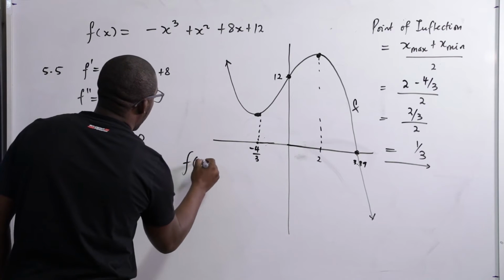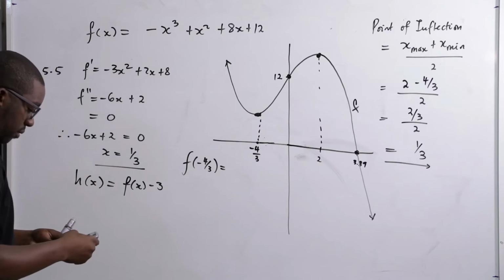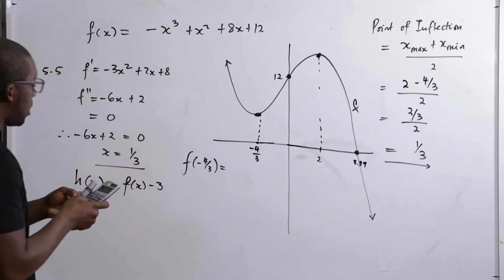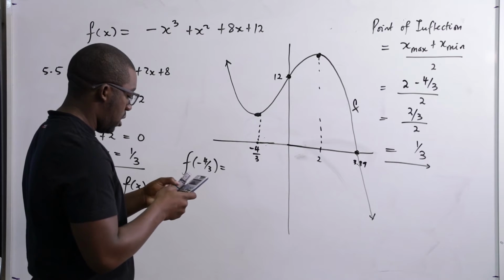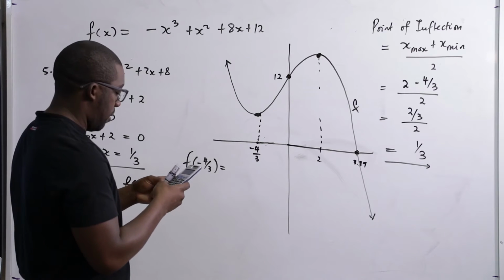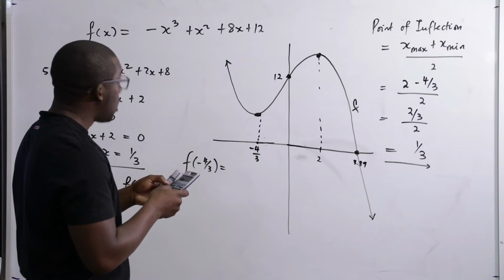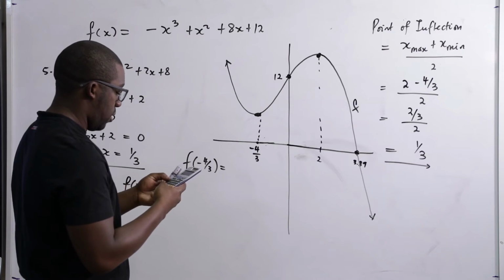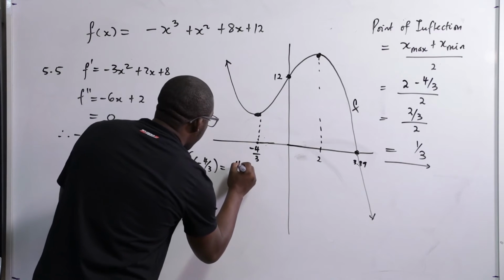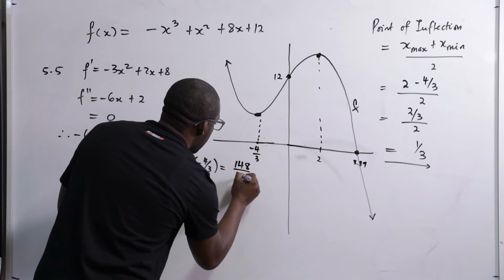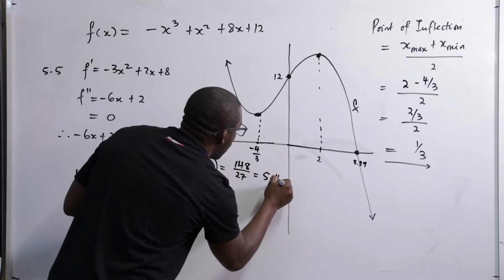So f of negative 4 over 3. Let me calculate that. Negative 4 over 3 cubed plus negative 4 over 3 squared plus 8 times negative 4 over 3 plus 12. The y value of this one was 148 over 27, which in decimal is 5.48.